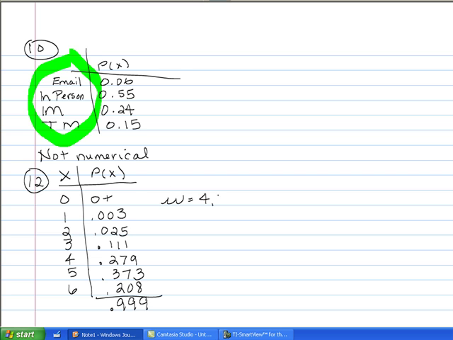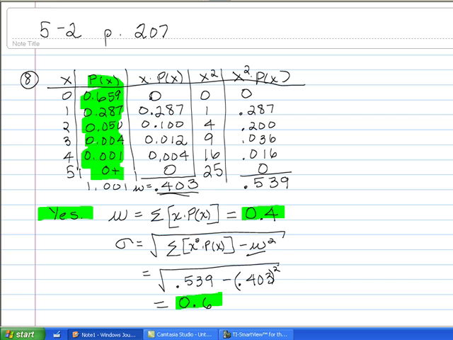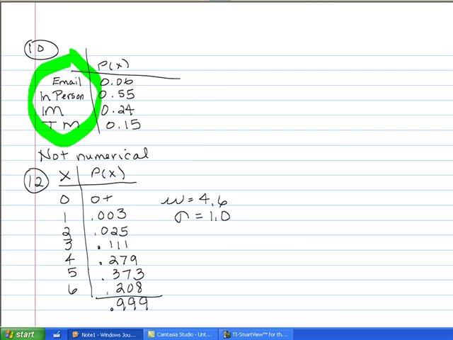Once you've identified you have a probability distribution, you have the option of doing it in the table format like we did number 8, or with the calculator like we did in number 12. So those are the two ways we can do that. And you may want to do the problem the longer way and then check it with the calculator. Or if you're running short on time, you may just want to do it with the calculator.